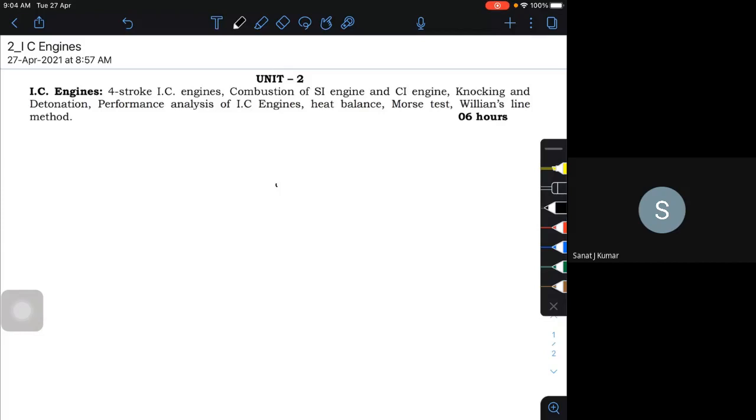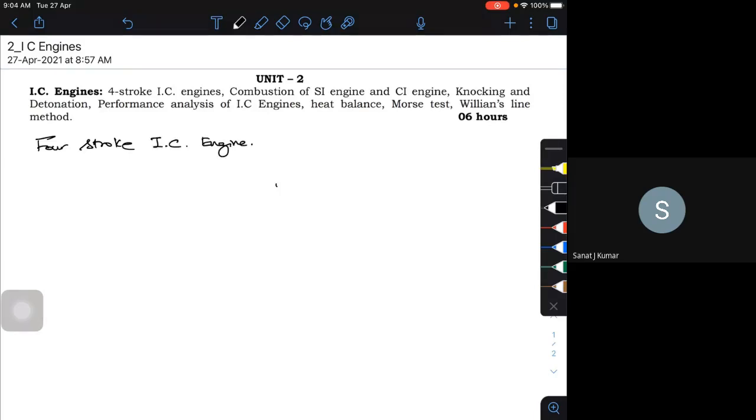The moment I say it's a four-stroke IC engine, what comes to your mind? A four-stroke IC engine, which most of you have studied in your elements of mechanical engineering.